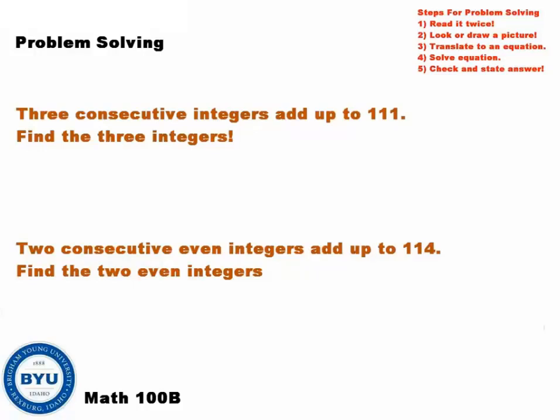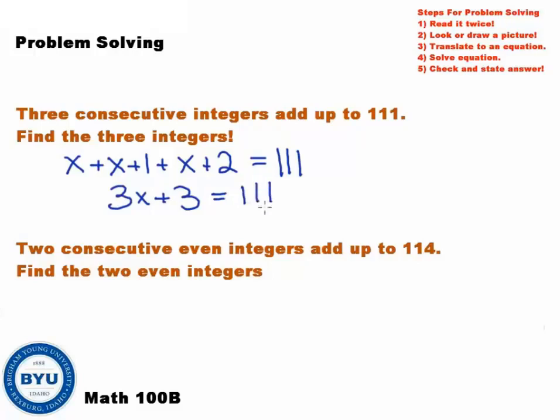Okay, great! Let's see how you did. You should have worked these out in your notebook. Again, we have 3 consecutive integers, so x would be my first integer. The next one would be x plus 1, and the next one after that would be x plus 2, and we'd want those to equal 111. So I have how many x's here? 1, 2, 3 x's plus 3 equals 111.